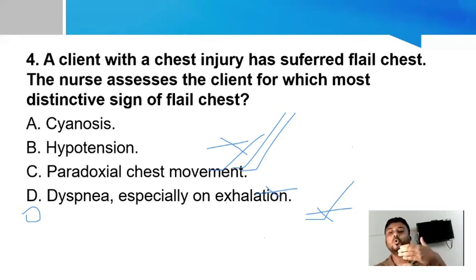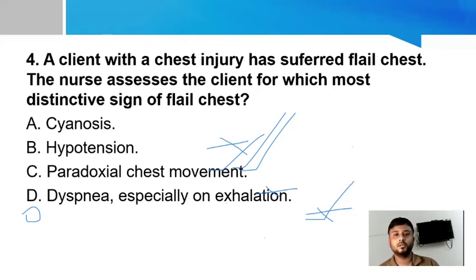It will go inside, opposite to the expanded chest. When we exhale, the same thing happens. The fractured rib changes its direction, meaning it again goes opposite to the normal ribs.